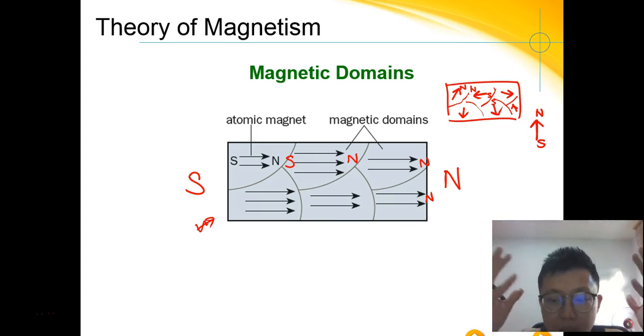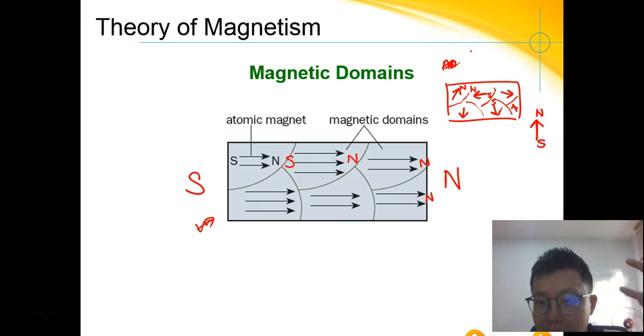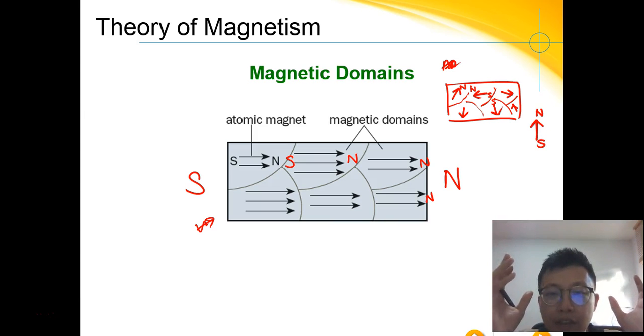So in physics, I summarize, we imagine that a material is made up of domains. For a material that has not been magnetized, its domains are all pointing in different directions. And because they are all pointing in different directions, there is no net direction.